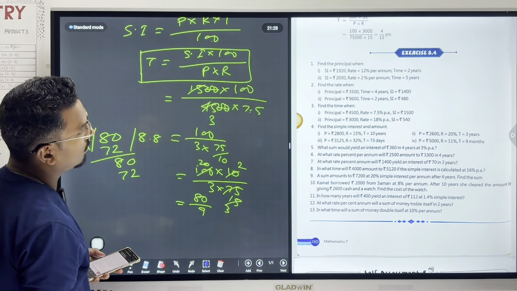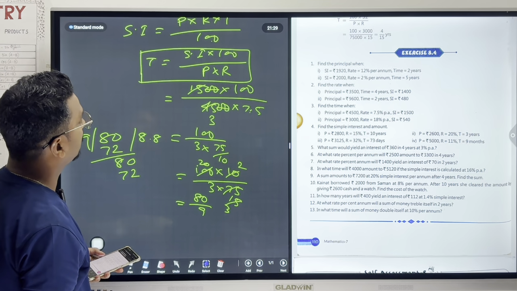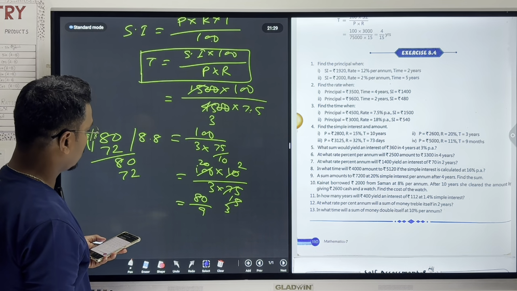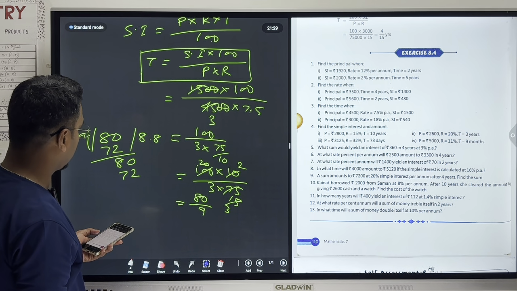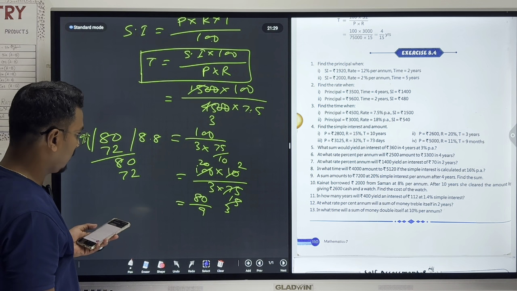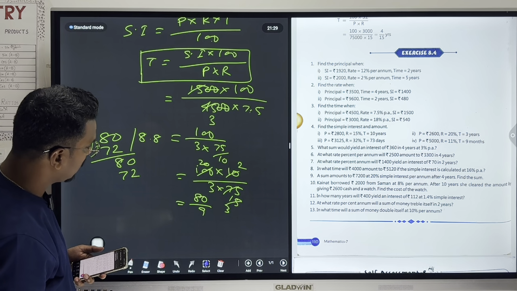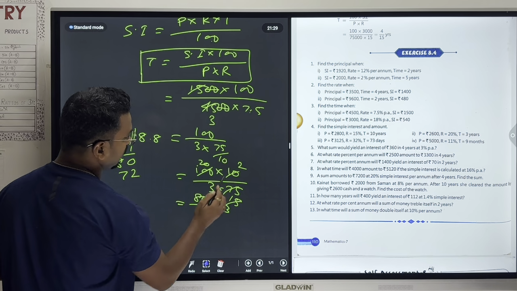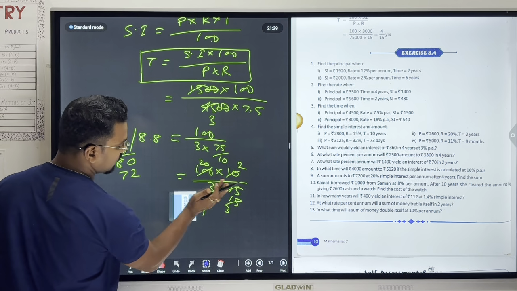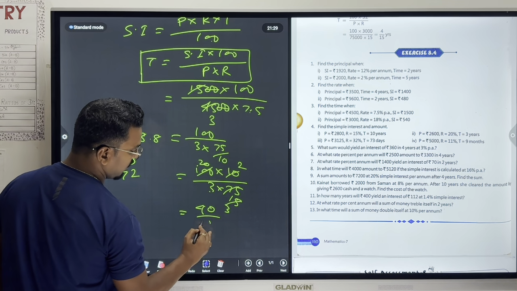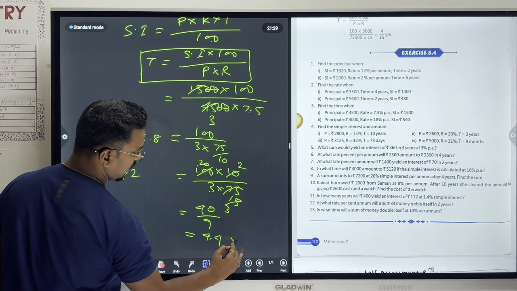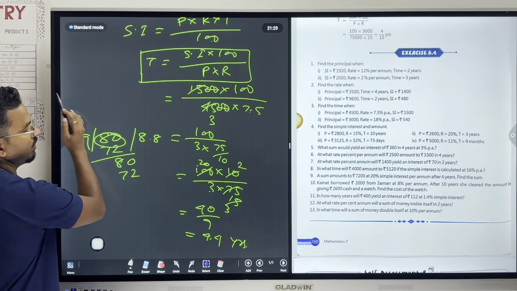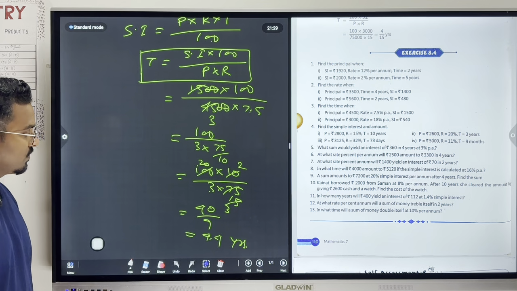The values are 1500 and 4500, so 80 by 9. Oh, sorry, this is 20 into 2 is 40. This is 40, and 40 divided by 9 will become 4.4 years. I have written 80 by mistake. Clear?